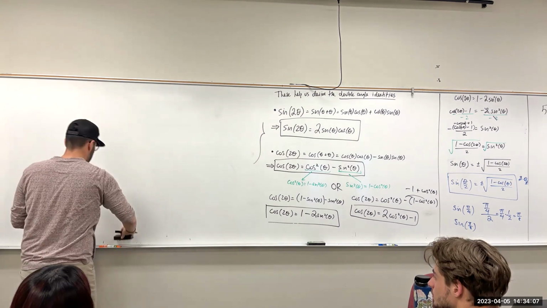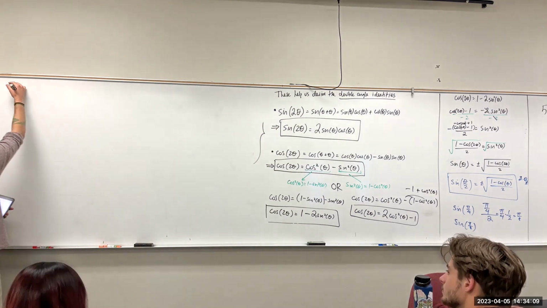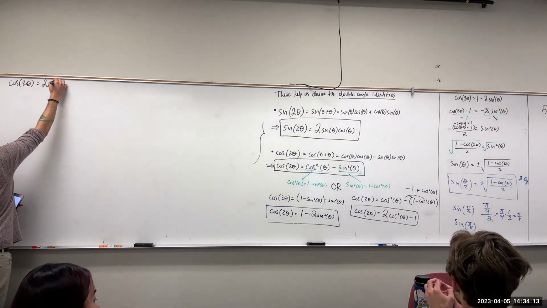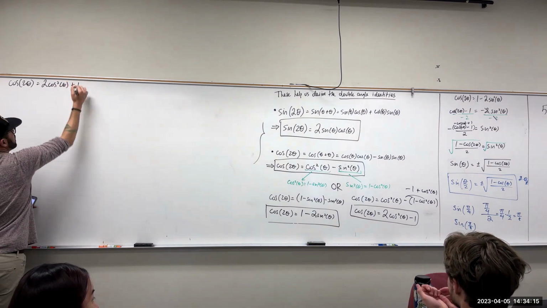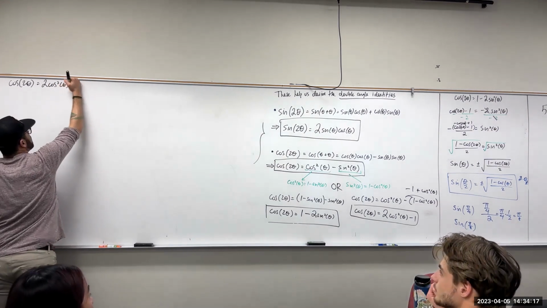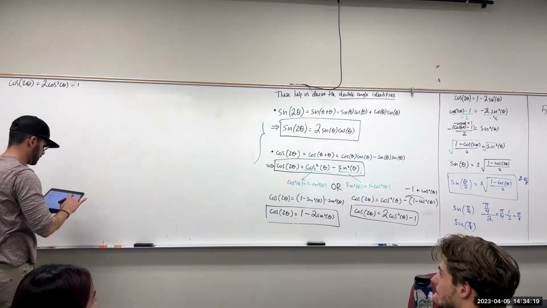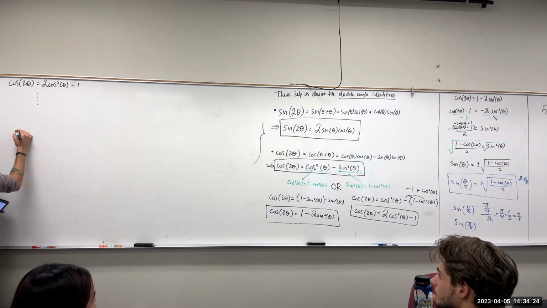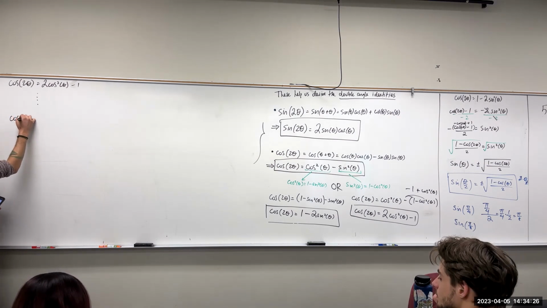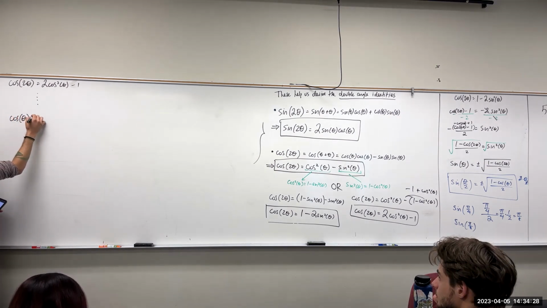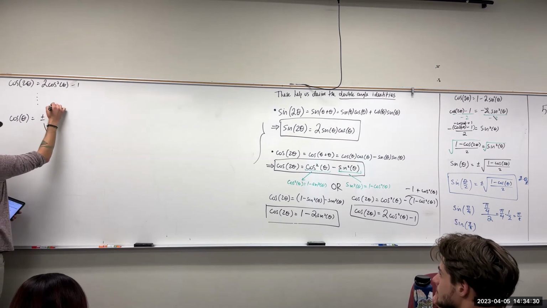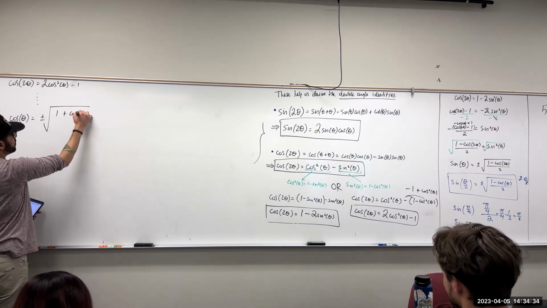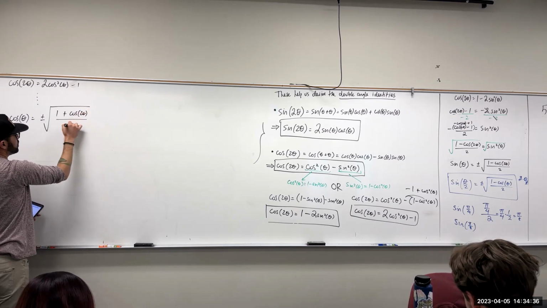I'm not going to do all the work, but if I would have started with this one here, and I do the same thing and isolate cosine theta, I end up with cosine theta equals plus or minus the square root of 1 plus cosine 2 theta over 2.